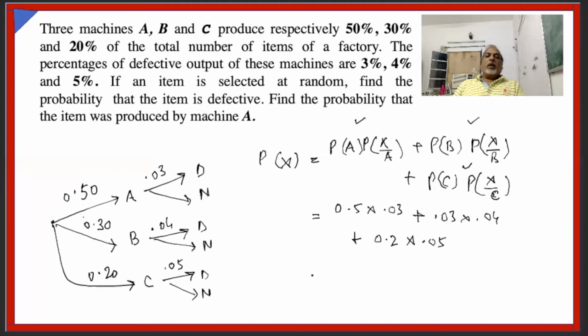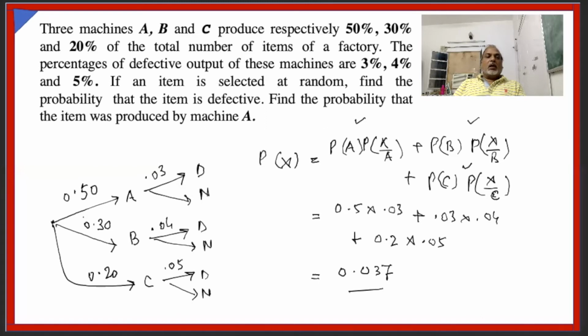So this is the probability you are going to get that the item is defective. If you add up all these things and calculate, then you will get 0.037. This is the probability that the item is defective.